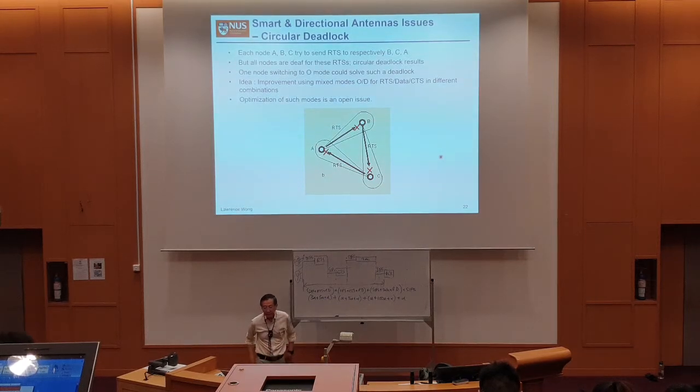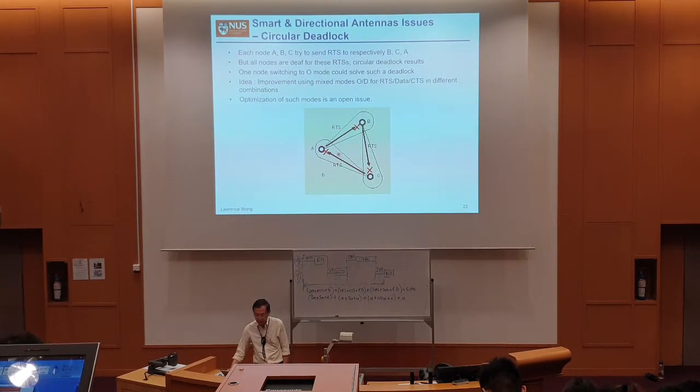Okay, the next problem is called circular deadlock. Okay? A, B, and C try to send RTS to B, C, and A. So A wants to send an RTS to B, B wants to send an RTS to C, and C wants to send an RTS to A. But A wants to send to B, and B is not looking in this southwesterly direction. B is looking in this southeasterly direction, so he never heard the RTS.